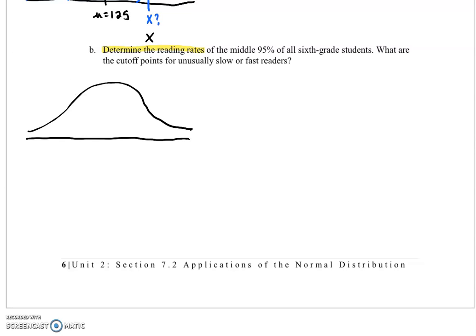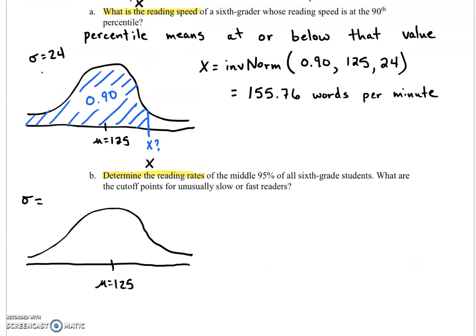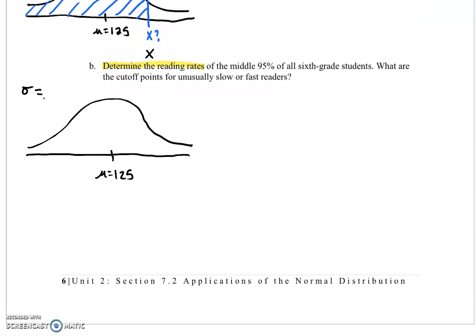And so, let's see, our mean is 125, and our standard deviation was 24. And we need the middle 95%, but we're finding the x values that separate the middle 95%.